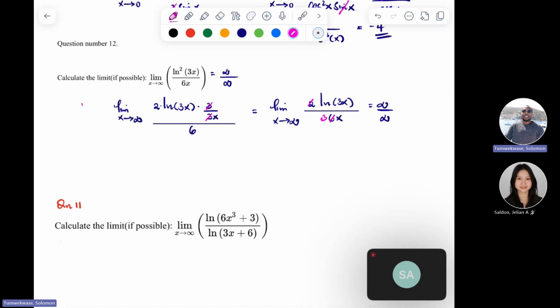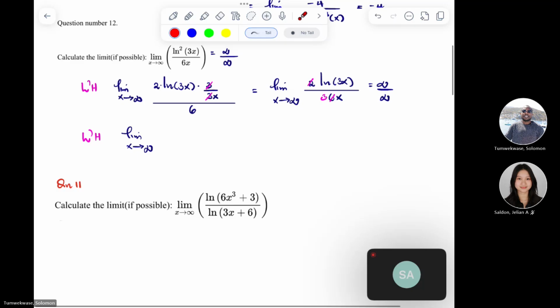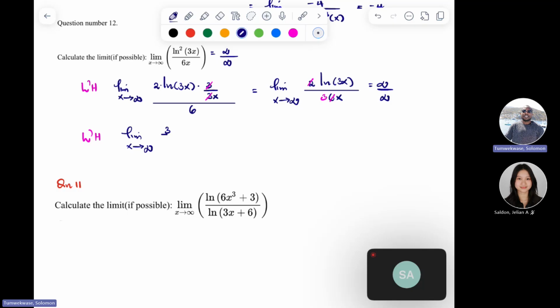So let me say here, I'm taking L'Hopital's rule the first time, and now I need to take L'Hopital's rule the second time, and this will be limit as x approaches infinity. I take the derivative of natural log of 3x, which is just 3 over 3x.